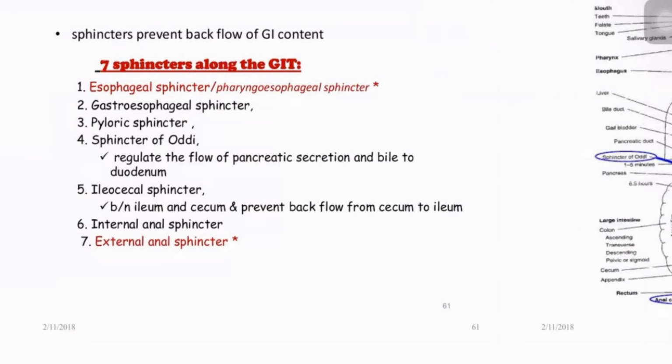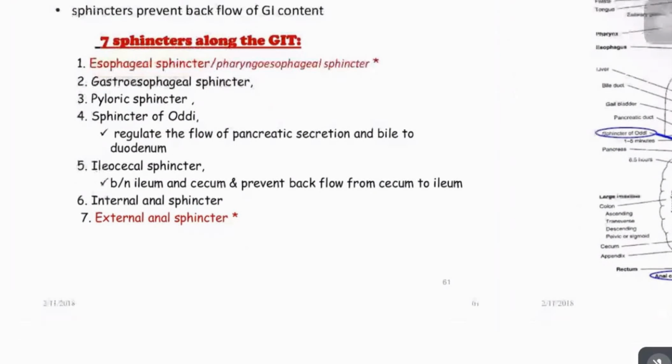Okay, so let's discuss the different sphincters along the GIT. So we have your esophageal sphincter, your pharyngoesophageal sphincter, gastroesophageal sphincter, pyloric sphincter, sphincter of Oddi.